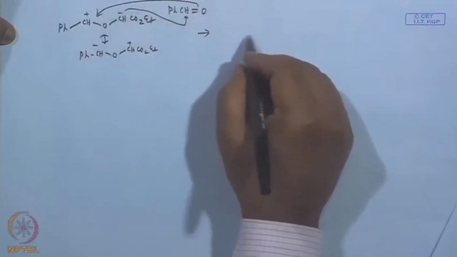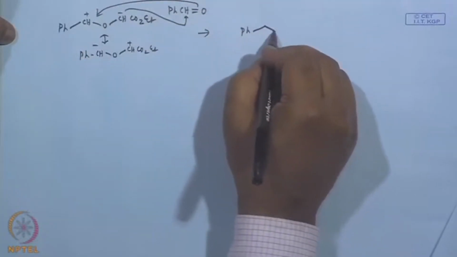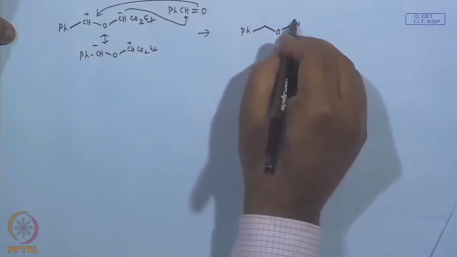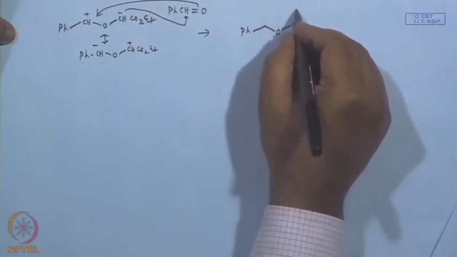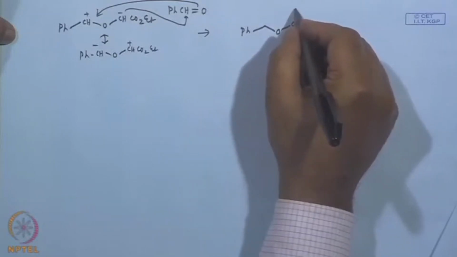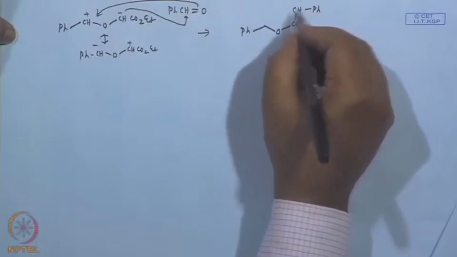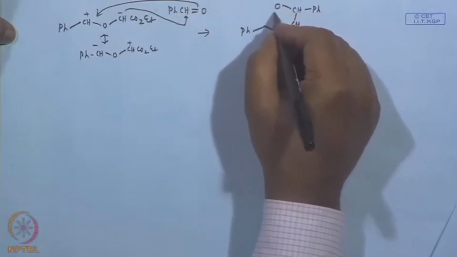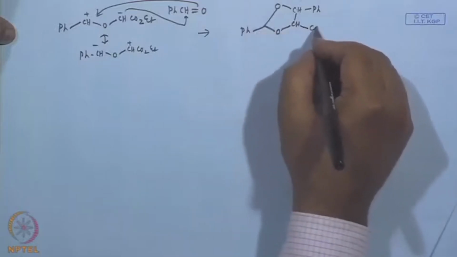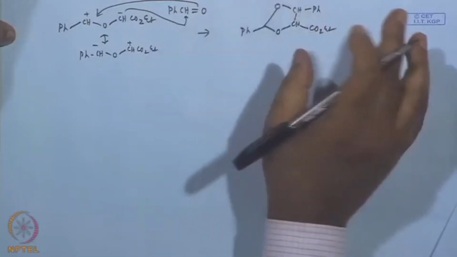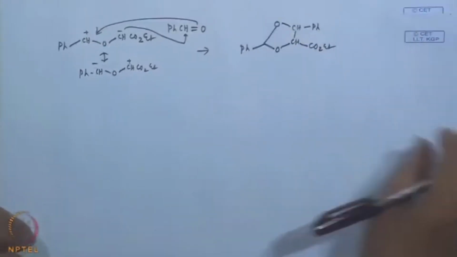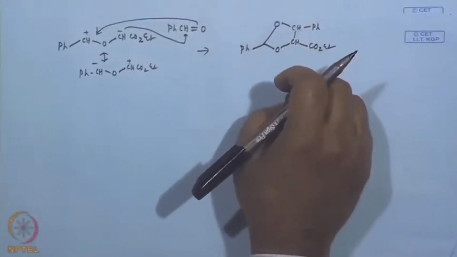So, what you will find is that the product would be this CH, then oxygen and this, and in this case you have this ester. So, this is just an example of basically the 1,3 dipole.